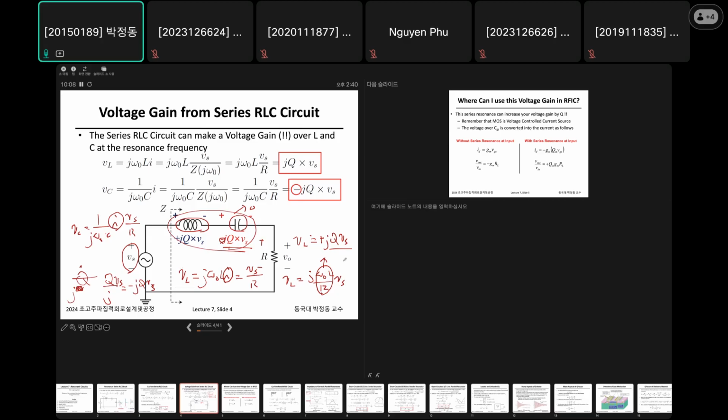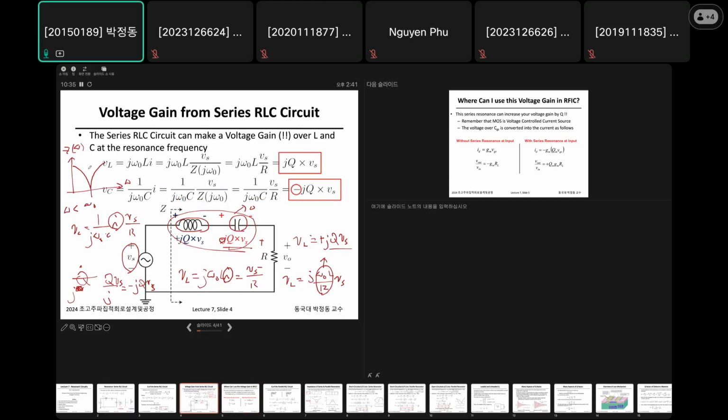All right. So if you draw G as a function of omega, then you can easily see that it's looking like this. So this is omega 0. When omega is smaller than omega 0, the capacitor is dominant.